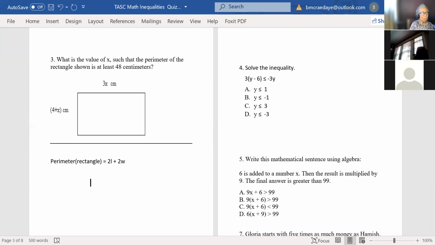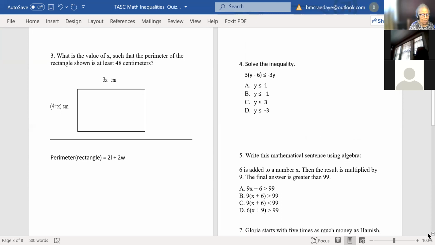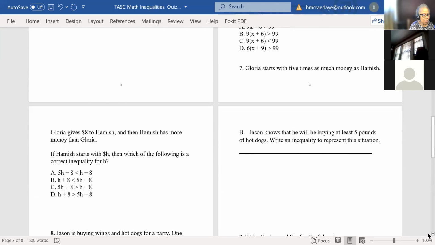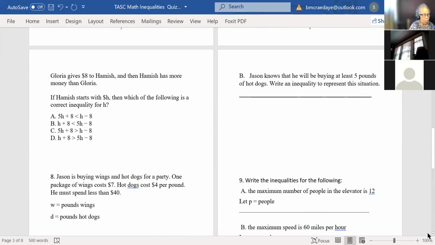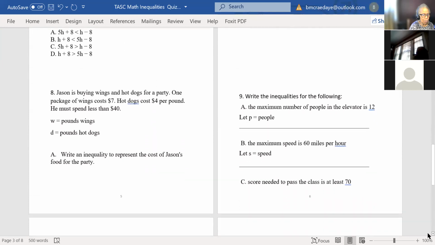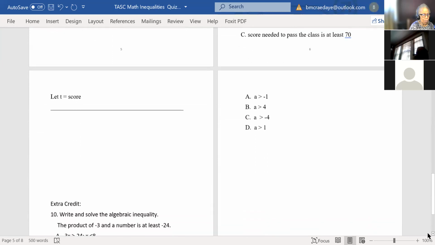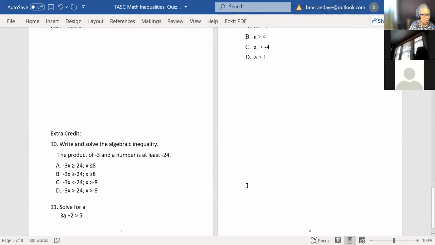At least means what? What would be your symbol for at least? It's greater than or equal.